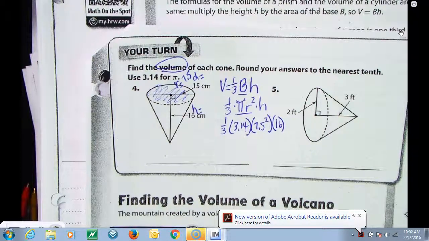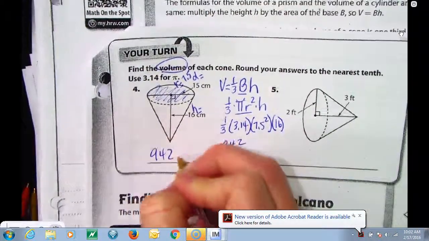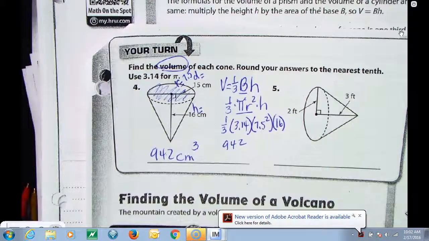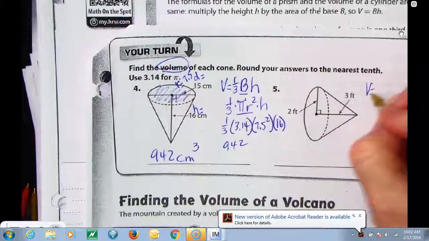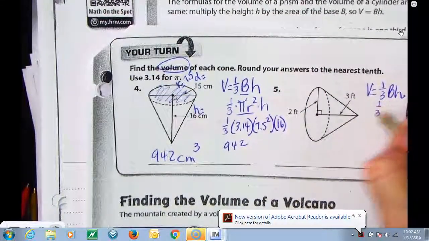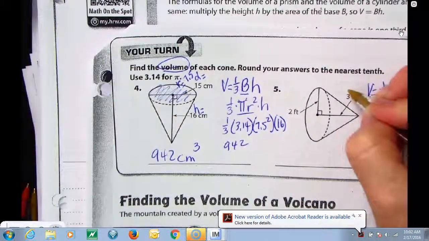Number 4: 2 centimeters cubed. Okay, number 5: 3 is what?